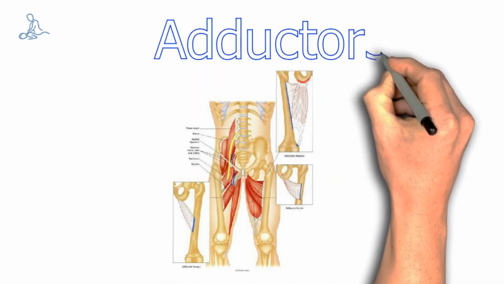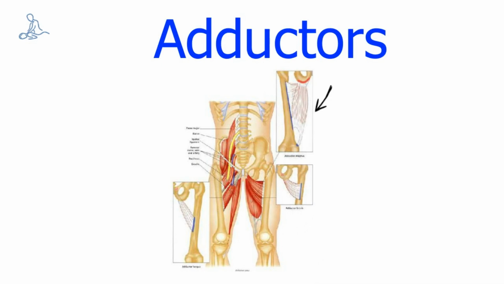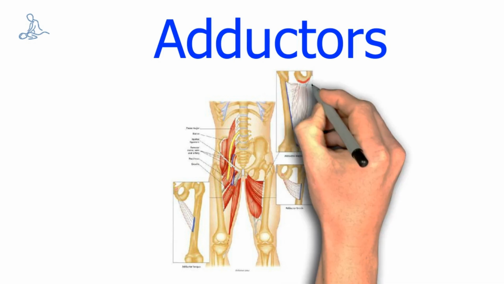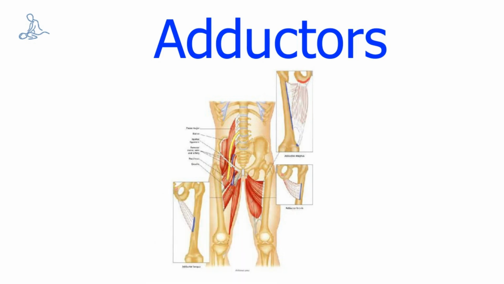Adductors. The adductor magnus, adductor longus, and adductor brevis. The origin of the adductors is the ischial tuberosity and anterior pubic bone. The insertion of the adductors is the medial aspect of the femur.